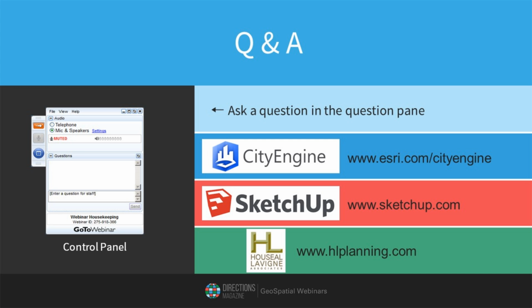So speaking of CityEngine, what formats does CityEngine handle? I know across the webinar we've touched on several of these things, but maybe we can zone in, as there have been so many questions about data formats. Sure.